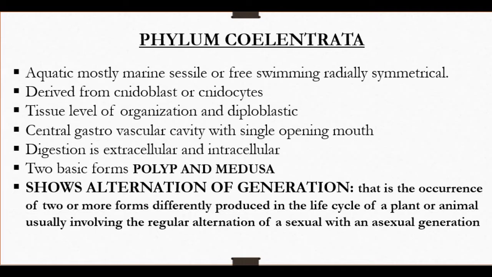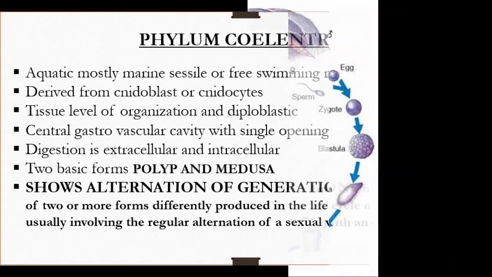Now the next one is another question which is frequently asked in the question paper: they show alternation of generation. That is, the occurrence of two or more forms differently produced in the life cycle of a plant or animal, usually involving the regular alternation of sexual and asexual generation.